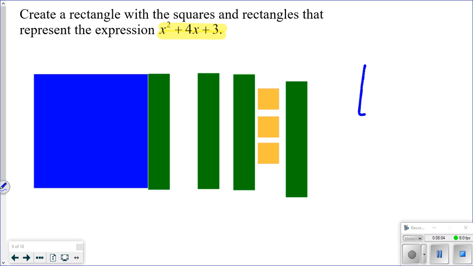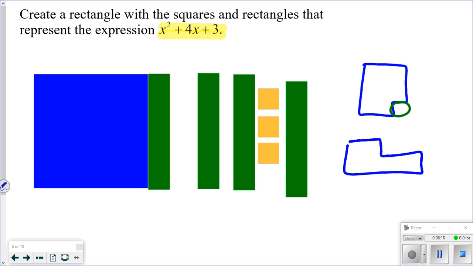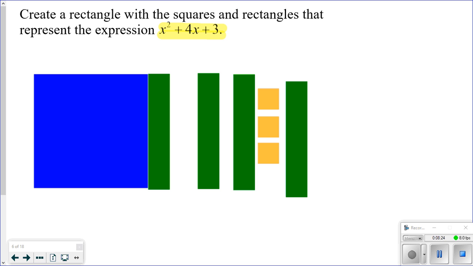So if you have something that looks like this, that doesn't work because you have this empty space here. Okay, or maybe you're coming up with something that looks like this. That's not a square or rectangle because you have the empty space. Right? So think, how could we rearrange these algebra tiles to make a square or a rectangle?